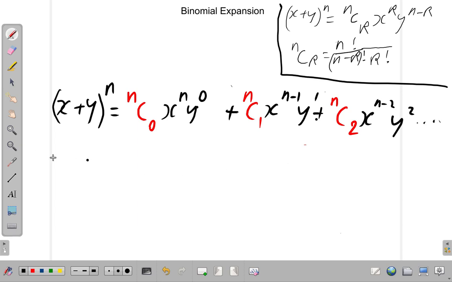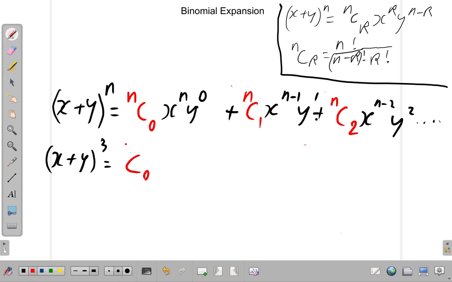and so forth. So as an example, you have x plus y to the power of 3. What that will give you is nC0, but n is going to be 3.